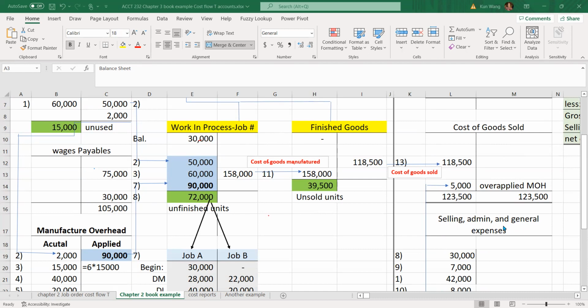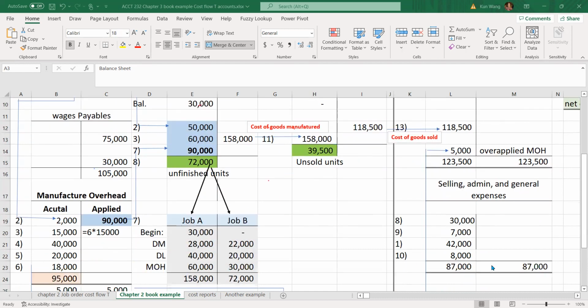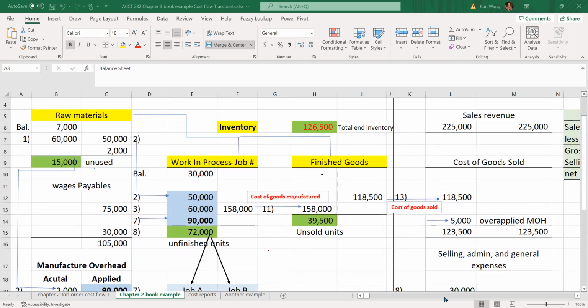Those are period costs. So you see those items didn't go through the cost flow at all. We directly add all of the period expenses together, and deduct them in the income statement after the gross profit. Okay, like here.